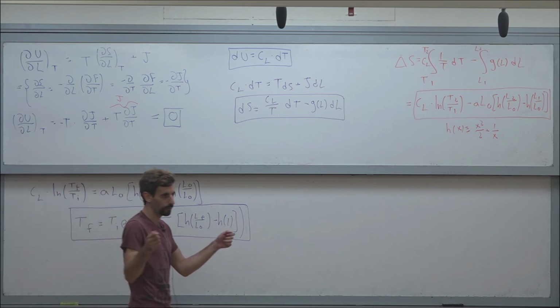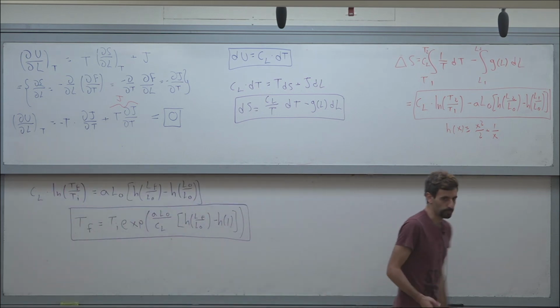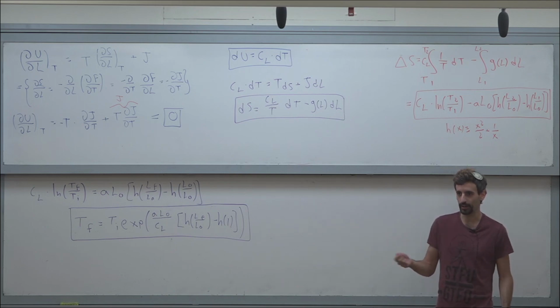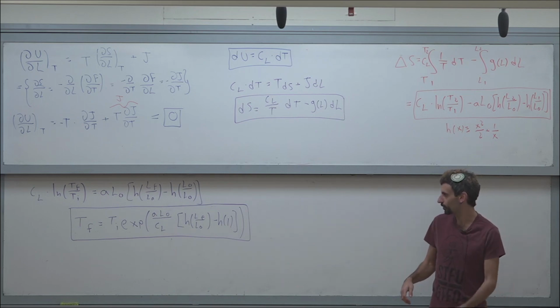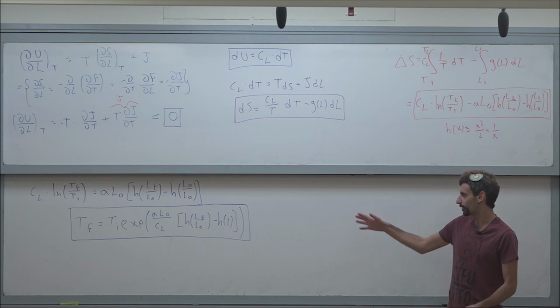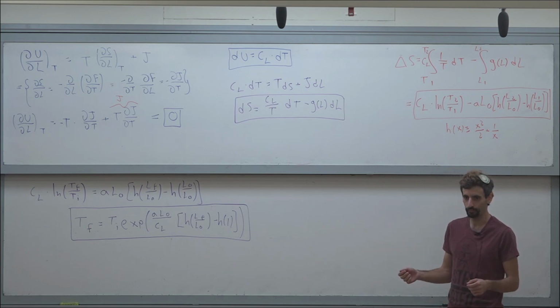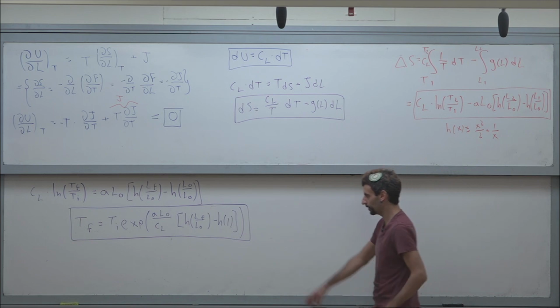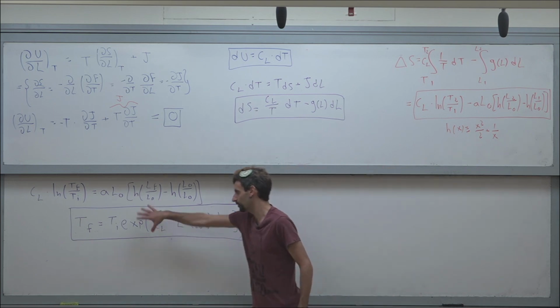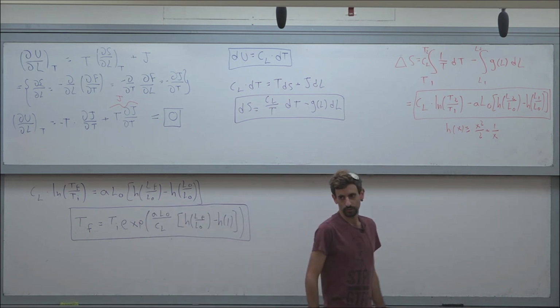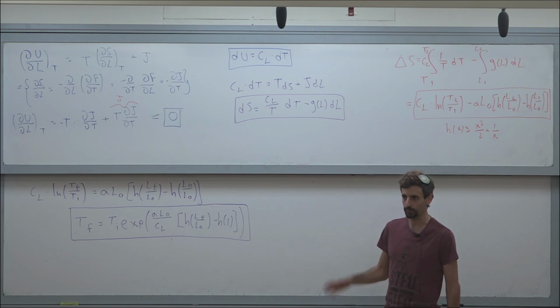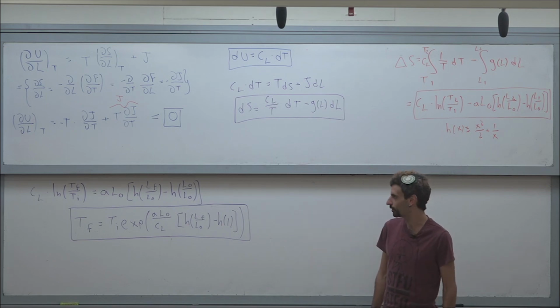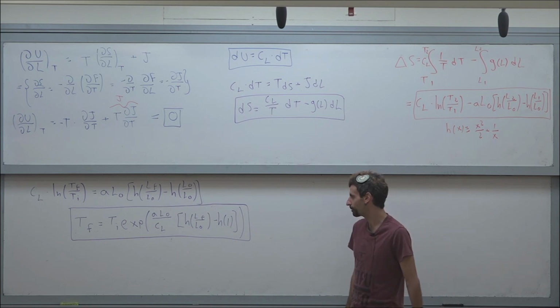So if you stretch the rubber band, and if you assume that this stretching is adiabatic and you can do it reversibly, the temperature is increasing exponentially. Again, this is an increasing function of L_F, and the others are just constants. So no matter what temperature we start at, if you're assuming the two things we assumed in the beginning of the exercise, that it's reversible and adiabatic, you can stretch it and the temperature is going up exponentially.